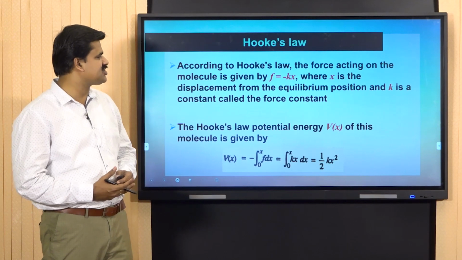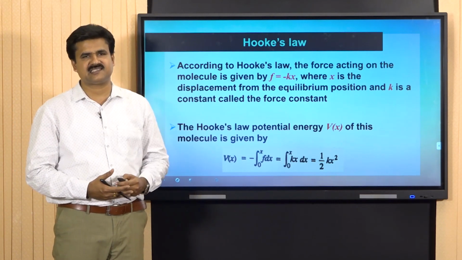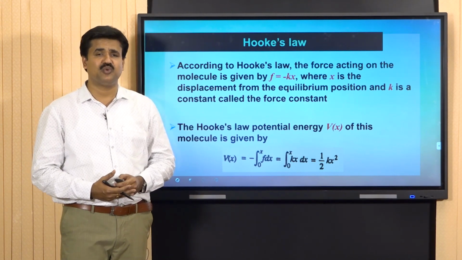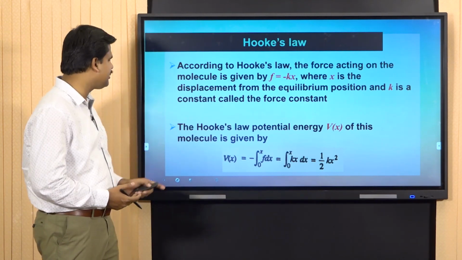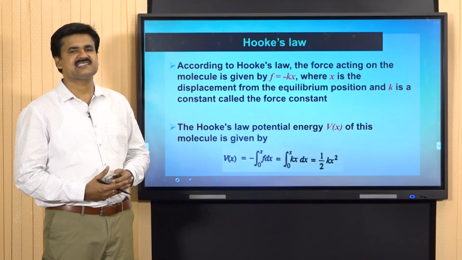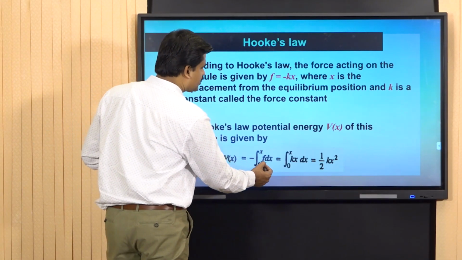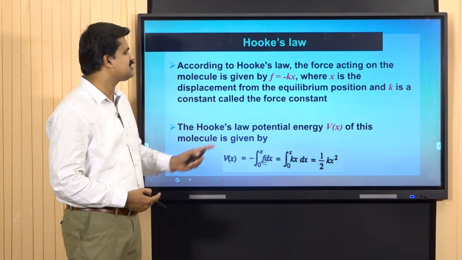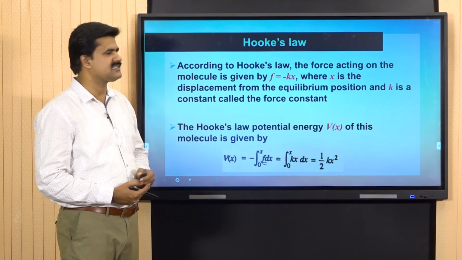The Hooke's law potential energy, that is V(x), of a molecule that acts as a simple harmonic oscillator is given by the relation V(x) is equal to minus integral 0 to x of F(x) dx. We can replace F with minus Kx and substitute for F to get the integral 0 to x of Kx dx.